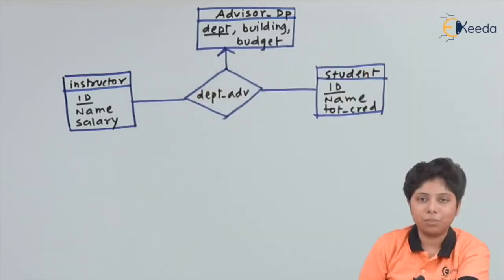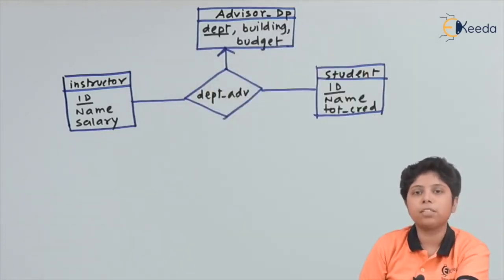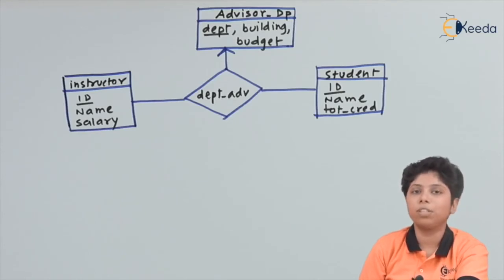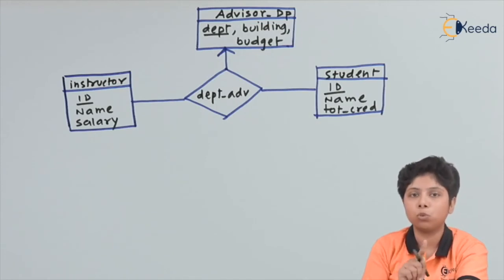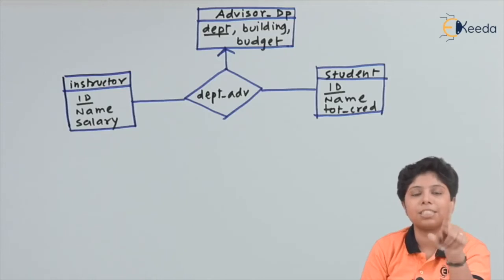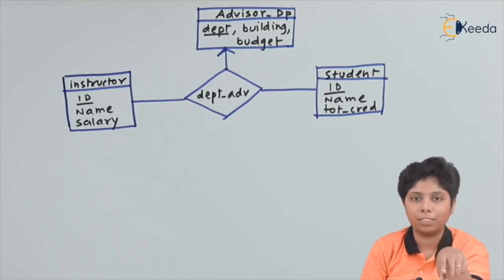Let us look at this relation. As we know, a student can have more than one instructor as an advisor. Now I am specifying that a student can have more than one advisor, but at most one per department. That means from each department the student has only one advisor.